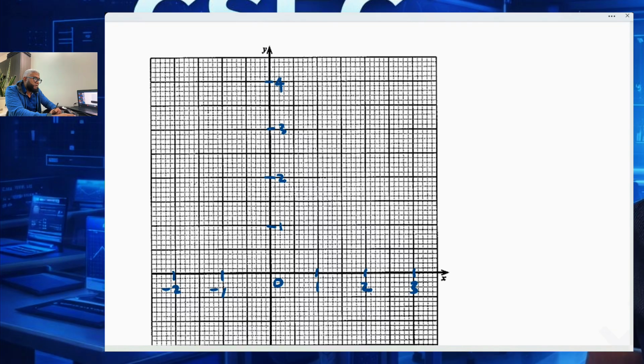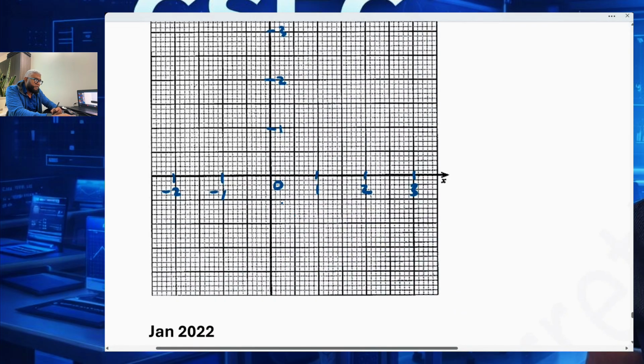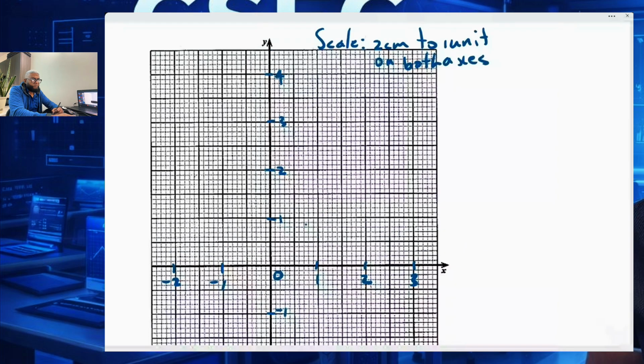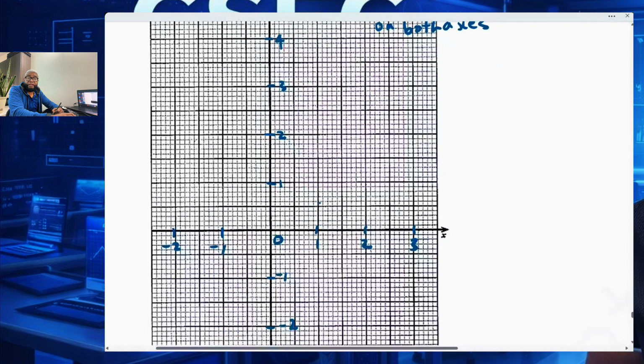I'll write my scale here one time: 2 centimeters to 1 unit on both axes. And down here you'll have negative 1 and negative 2. Alright, to work. Give me the first coordinate there, Eden.